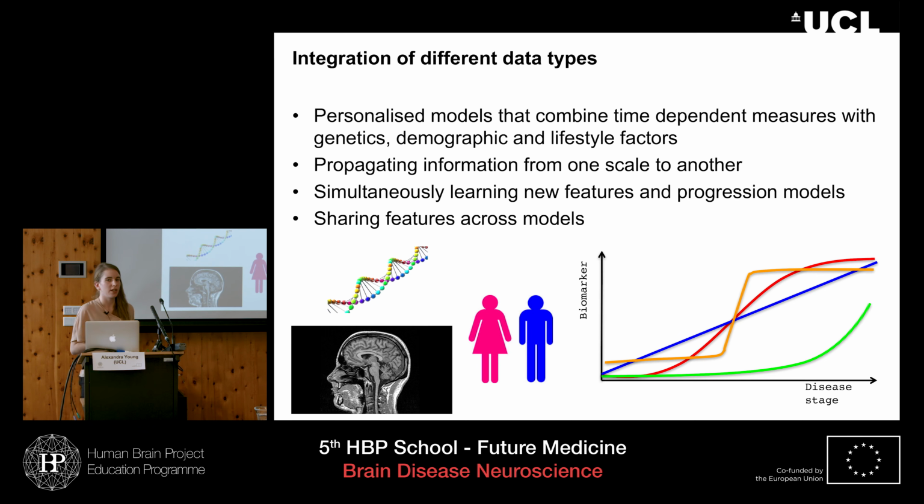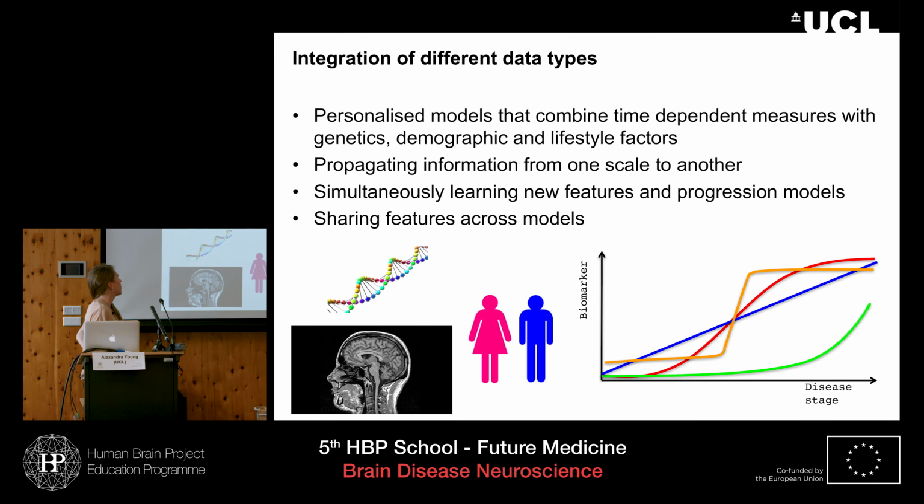This is actually quite a big challenge because things like genetics have very high dimensionality, so you need approaches that can extract relevant features and make parsimonious models that share different variables and can identify a wide range of associations.